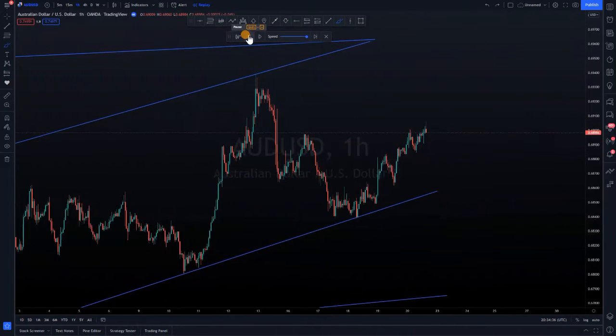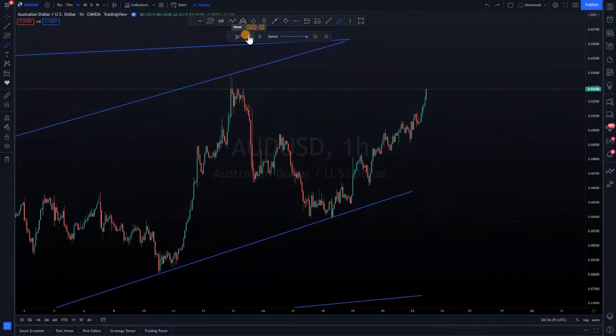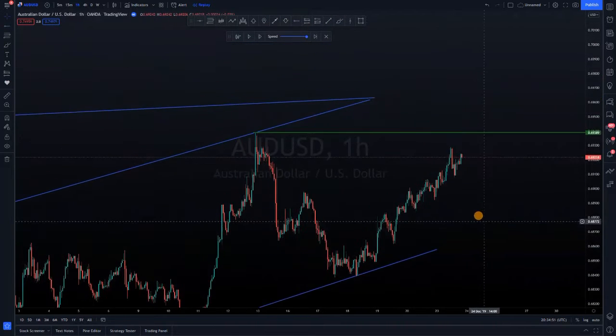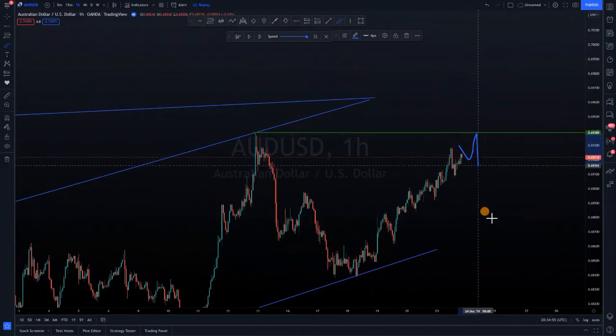We'll stop it right here. I want to mark this high here because we might get a double top and then we shoot down.